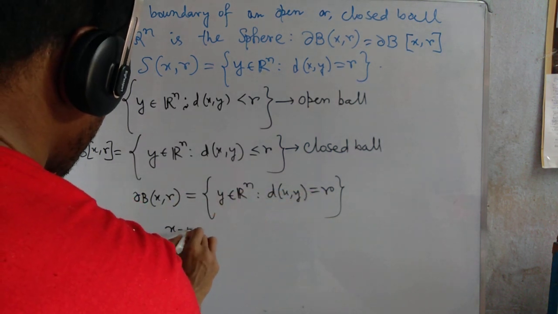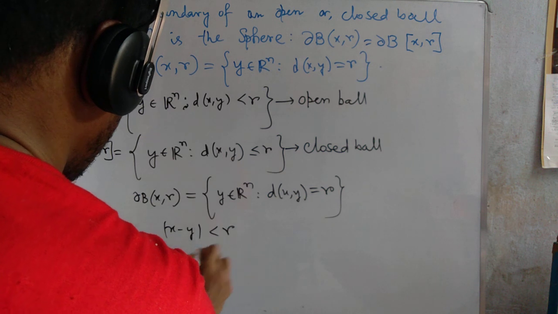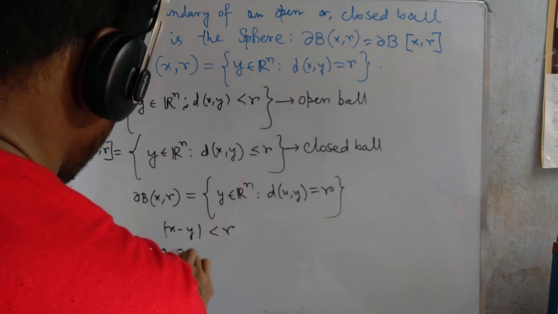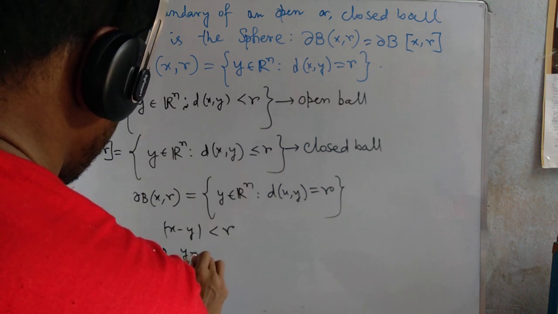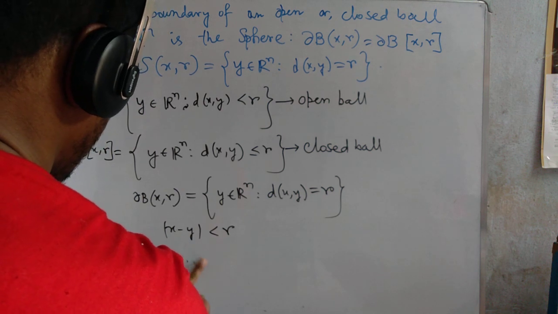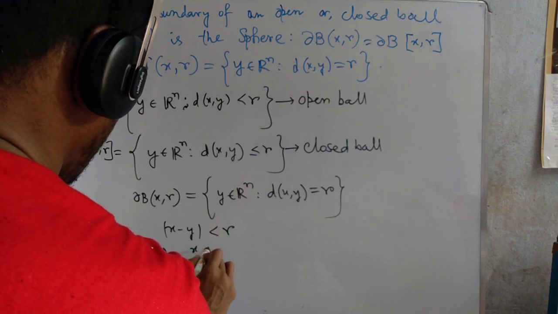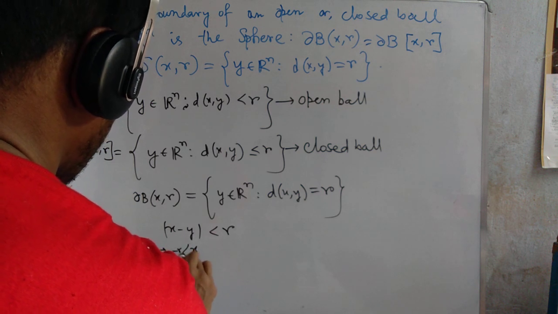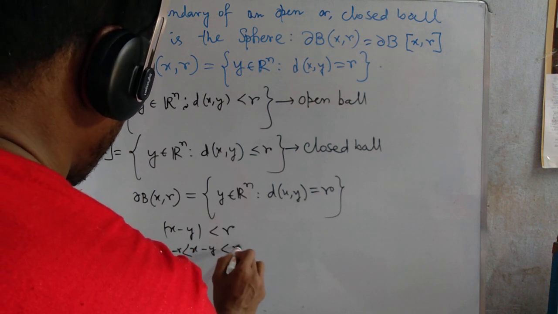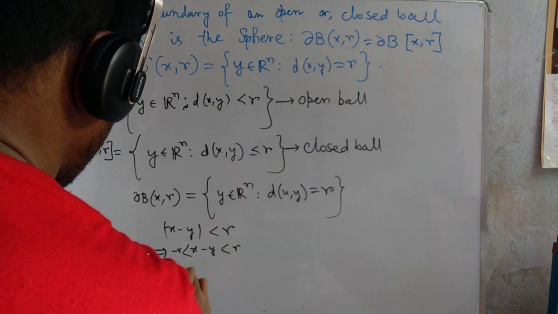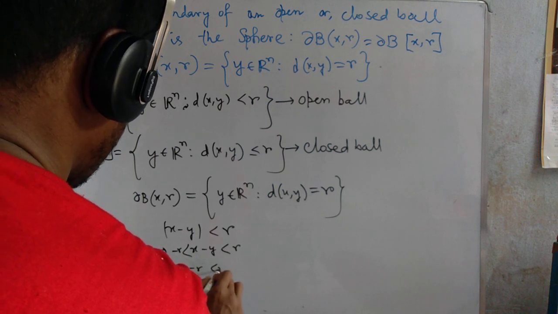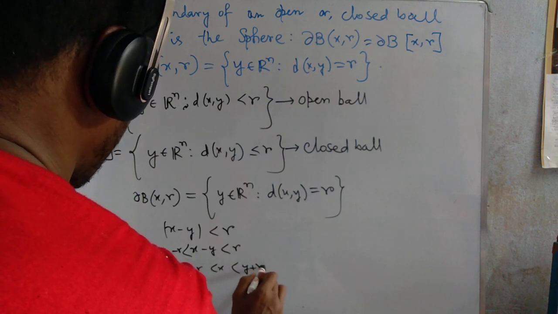Because d(x, y) less than r implies x minus r less than y less than x plus r.